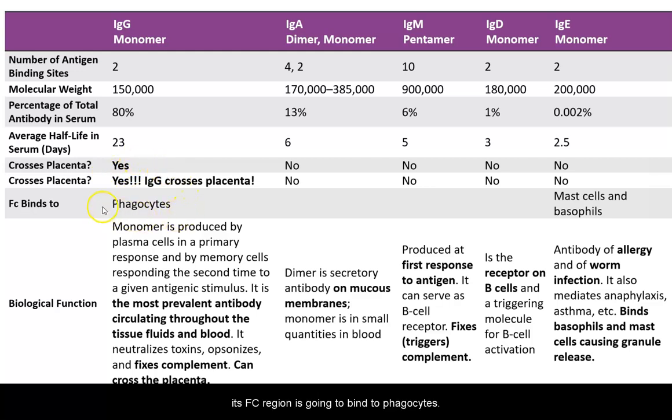Its Fc region is going to bind to phagocytes, so this is going to be the guy that's involved in opsonization. Okay, and then down here, I want you to know this stuff in bold. I want you to know that IgG is the most prevalent antibody that circulates throughout the tissue fluids and the blood. It's going to be the guy that neutralizes toxins, opsonizes, and it's going to activate complement as well. And don't forget, it can cross the placenta.